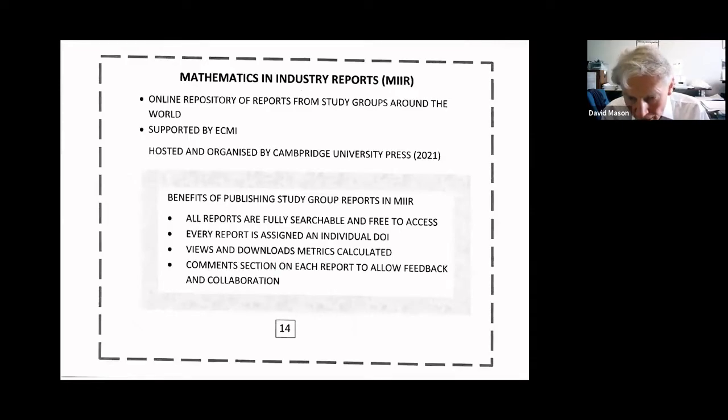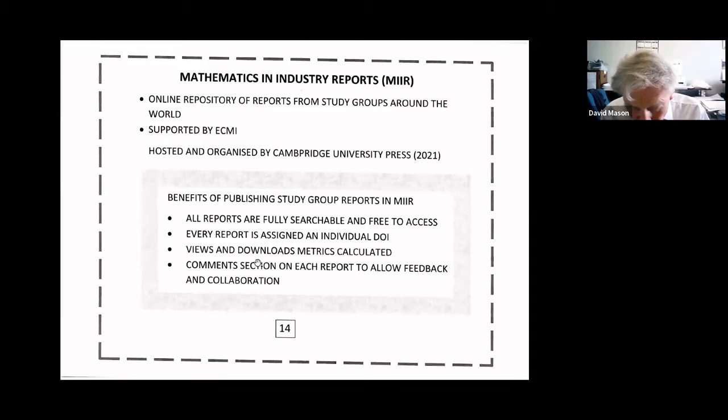The idea is we submit reports from the study group to MIIR. Now, what's the benefit of publishing study group reports in MIIR? Well, they're fully searchable and free to access. Every report is assigned an individual DOI.